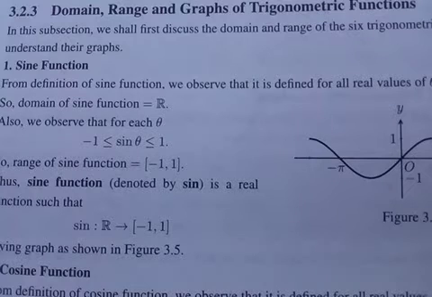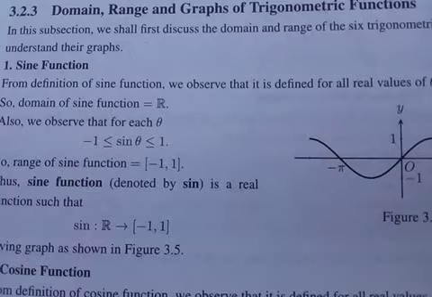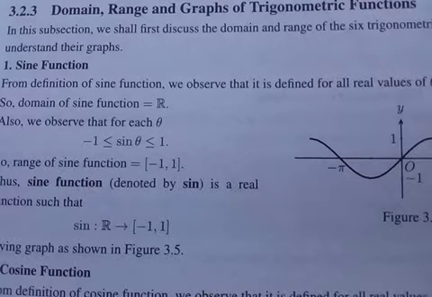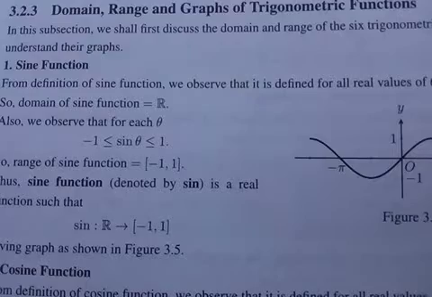In this subsection, we shall first discuss the domain and range of the 6 trigonometric functions and then understand their graphs. First is the sine function. From the definition of the sine function, we observe that it is defined for all real values of theta.